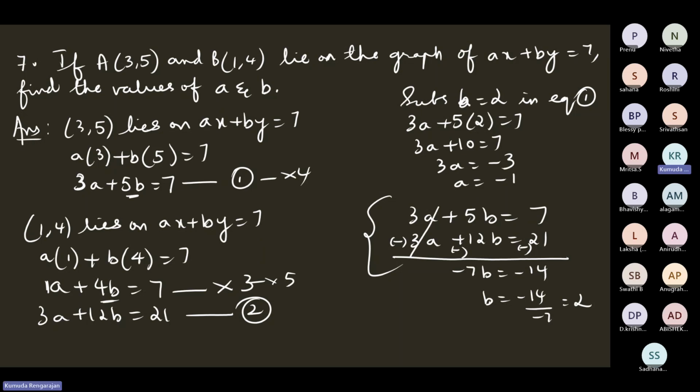Because you're multiplying the LHS and the RHS by that number, the equation is not disturbed. If you want to make the coefficients of b equal, the LCM of 5 and 4 is 20. So you can make them 20b. So multiply this one by 4.